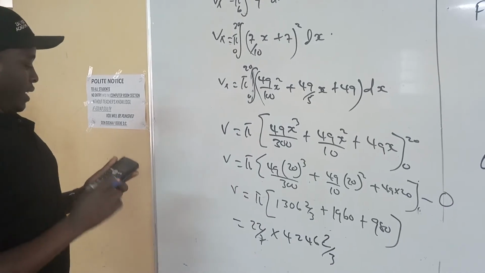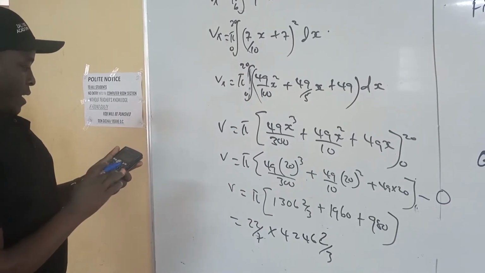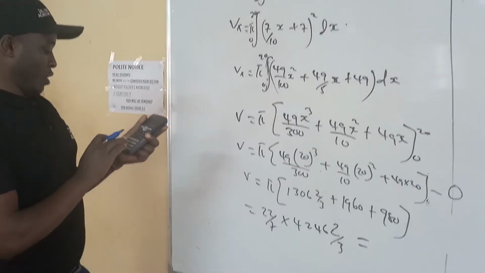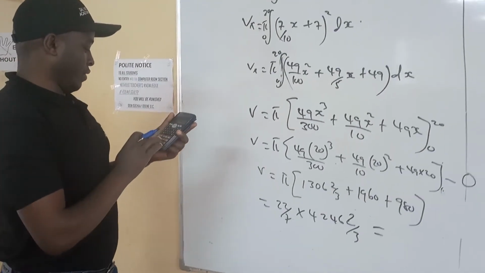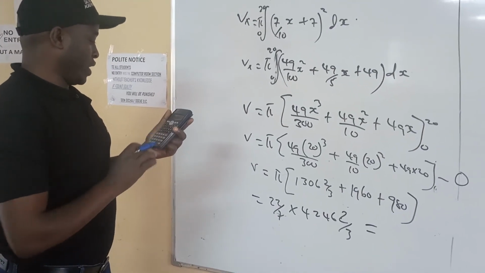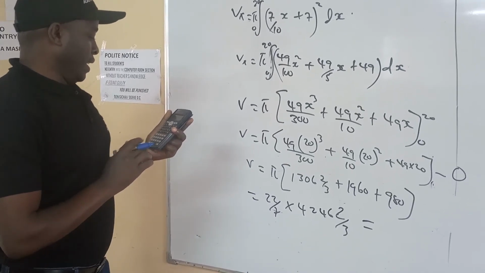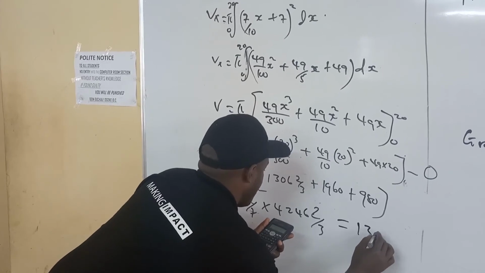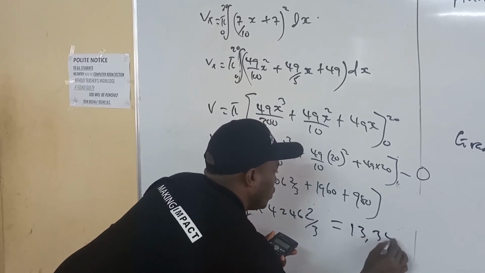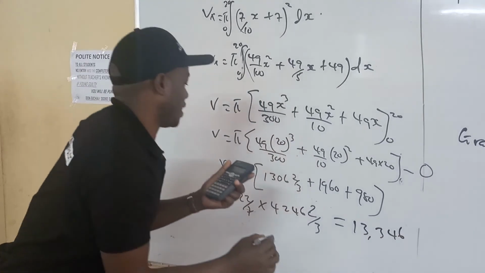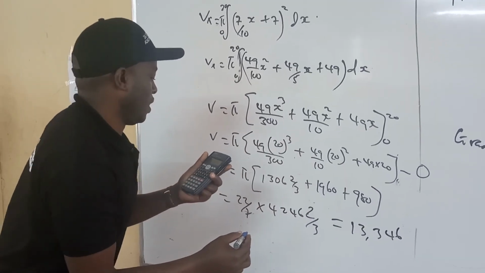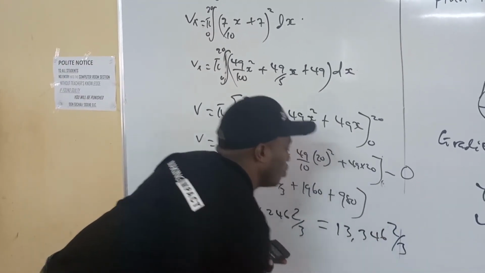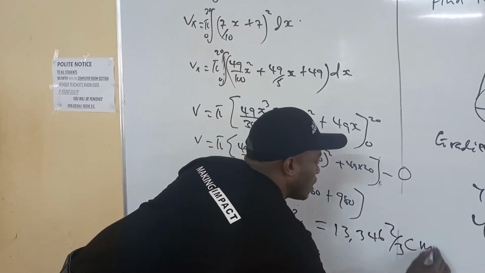And the 2/3 we times by 22 over 7, you'll get 13,346.66 recurring, so it's the same as 13,346 and 2/3. When it recurs, you just write it as 2/3 centimeters cubed.